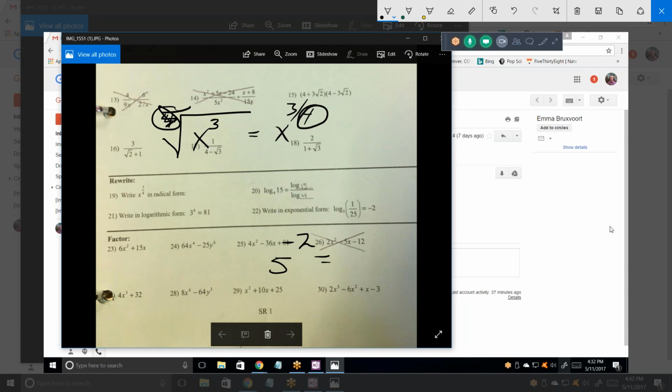Equal 1/25. Right. And that's not square root. That's 5 to the -2 power. And that is equal to 1/25 because 5 to the -2 is the same as 1/5 to the +2, which is 1/25.